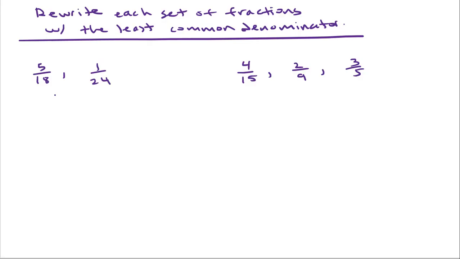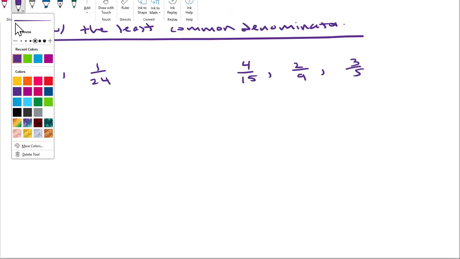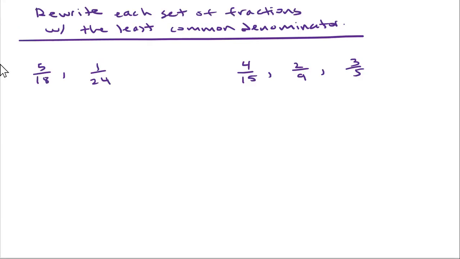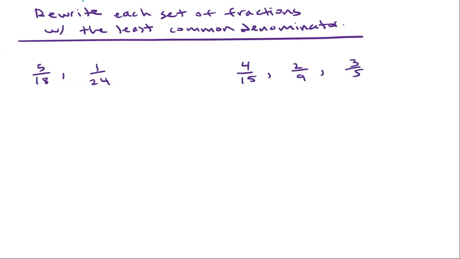So I'm going to focus on the denominator here first. So the first one here, we have 18 and 24. Okay. So one thing we can do is we can find multiples of it, right? That's been kind of the common theme here.